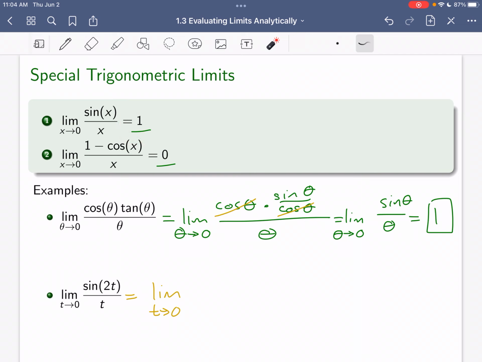However, this requires that the thing inside of the sine, the 2t, be exactly the same as what we have on bottom. In here, we have a 2t, but we only have a t on bottom. So we need to get a 2t on bottom. How can we do that? We could do that by multiplying both the top and bottom by 2.